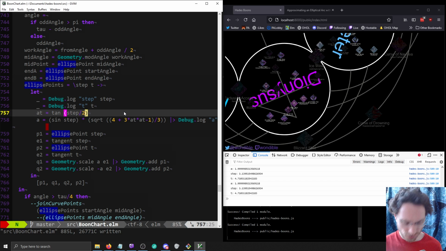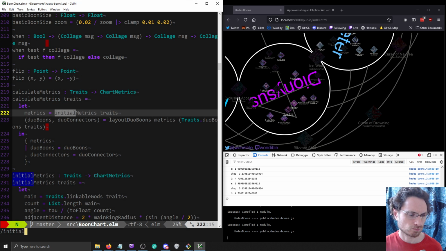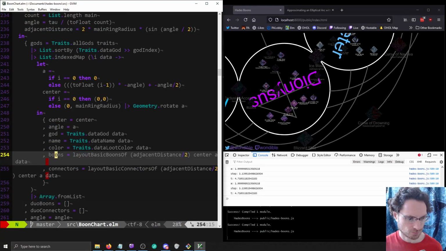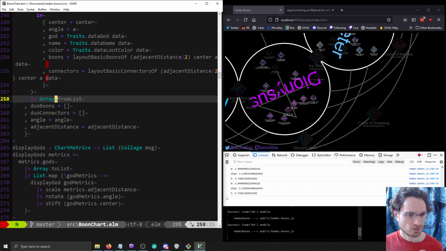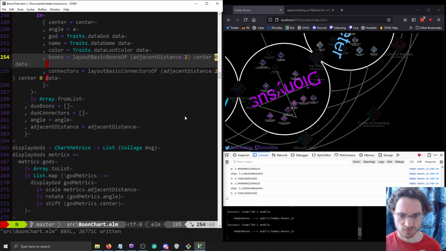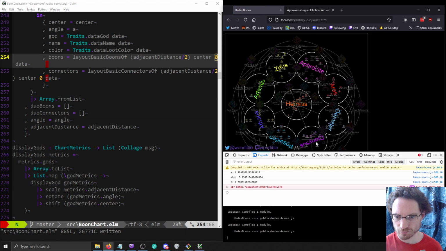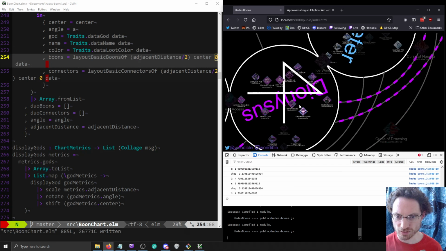And would it help to put it in regimented position? In terms of angles, probably. Okay, doesn't seem to have changed that at all.